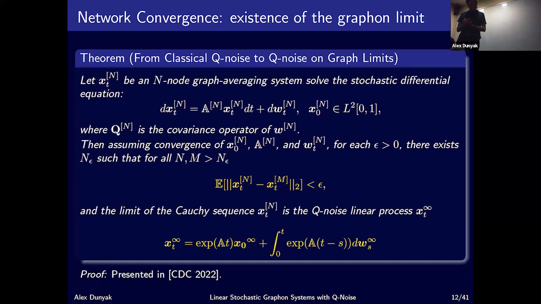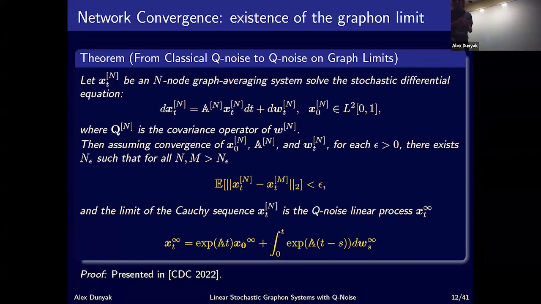This is the theorem presented in the CDC 2022. When you have an n-node graph averaging system, with states denoted xn, satisfying this stochastic differential equation here, then if you assume that the initial conditions converge, the graphon operator An converges to its respective graphon plus some constant along the diagonal, and the Q-noise converges, then your sequence of graph averaging systems is Cauchy.